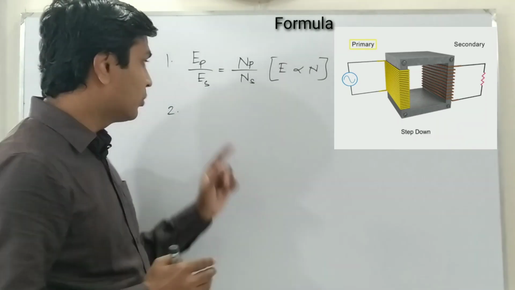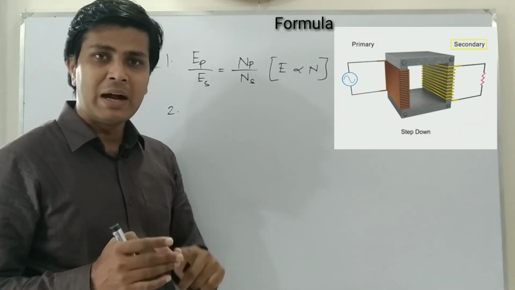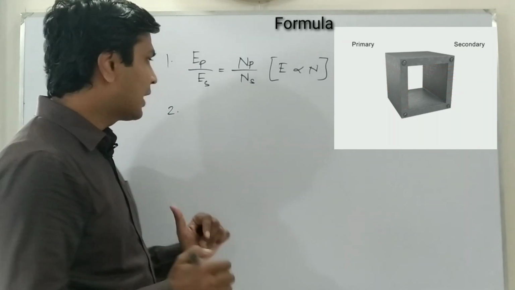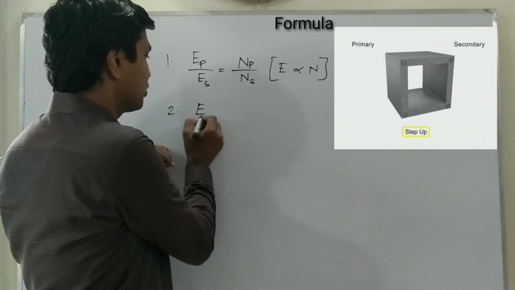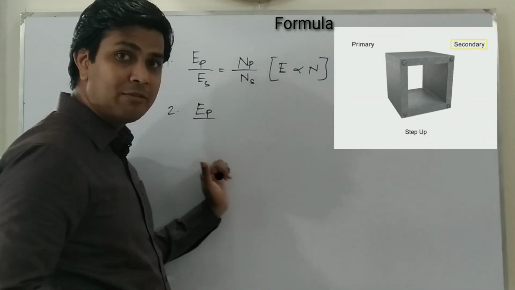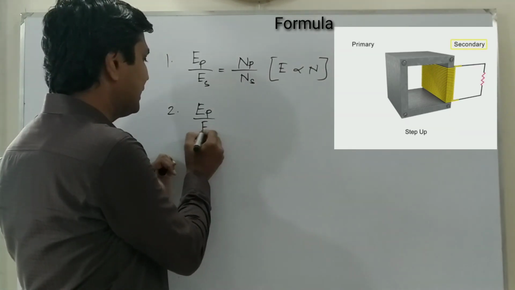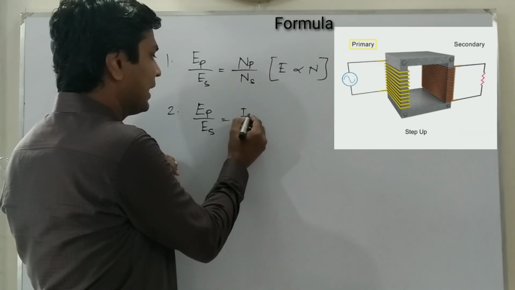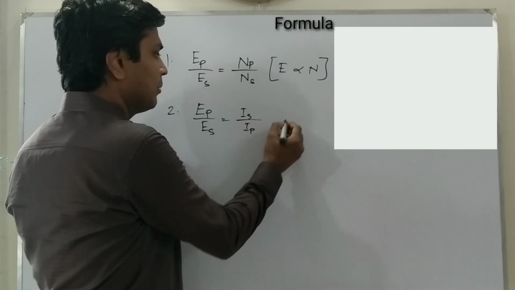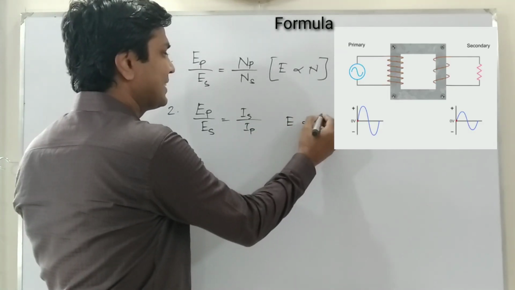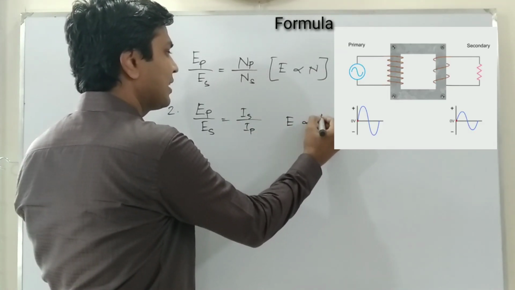Now the second formula, which is the relation between current and voltage. We know current and voltage are inversely proportional, so we can write the formula EP by ES equal to IS by IP, because voltage is inversely proportional to current.